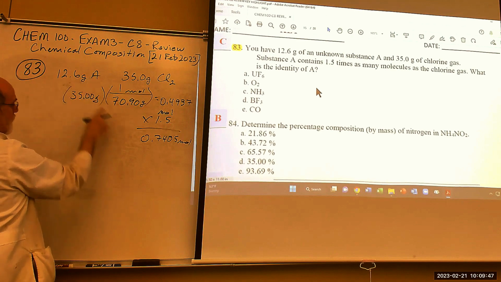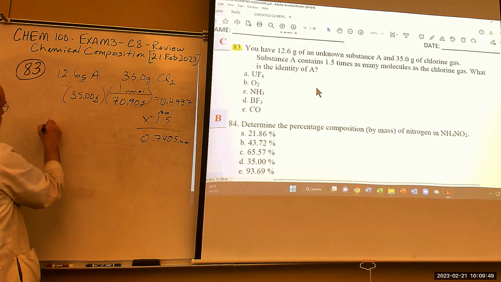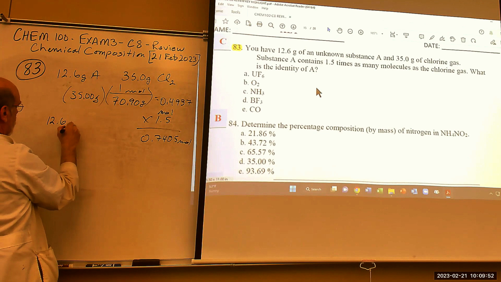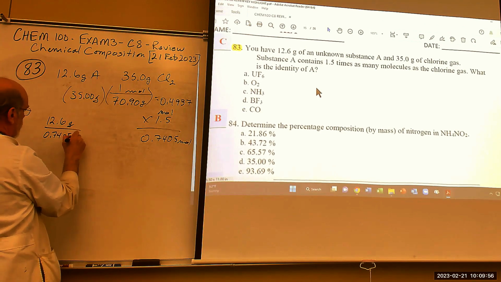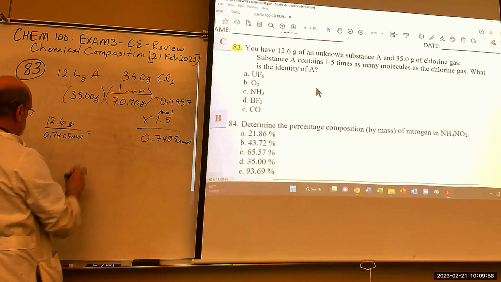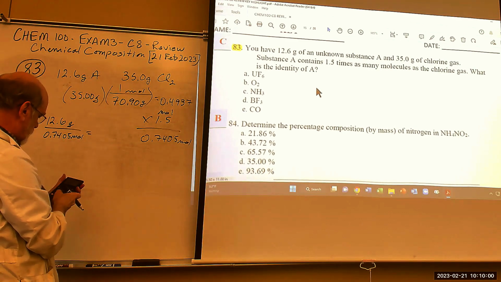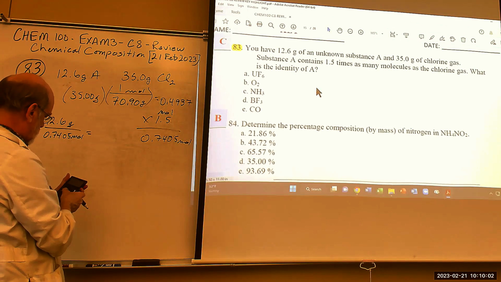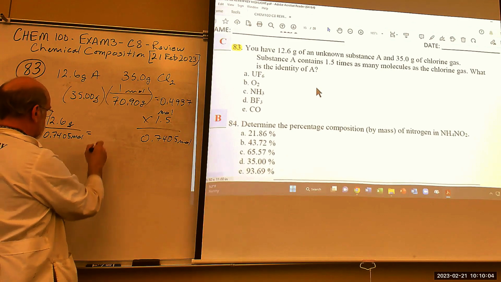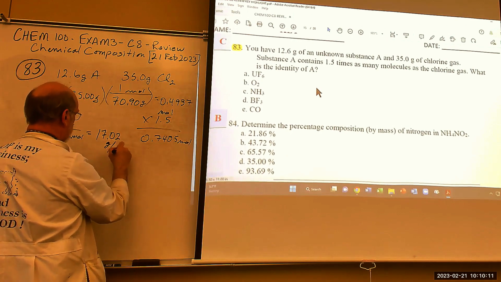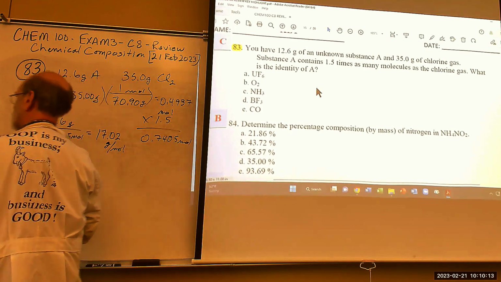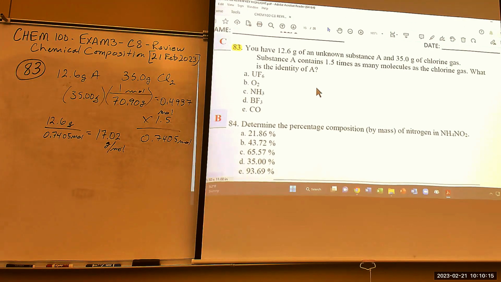We've got this many grams and that many moles. 12.6 grams per 0.7405 moles. So let's say 12.6 divided by 0.7405, 17.02 grams per mole. So let's look at our element. 17.02 grams per mole.